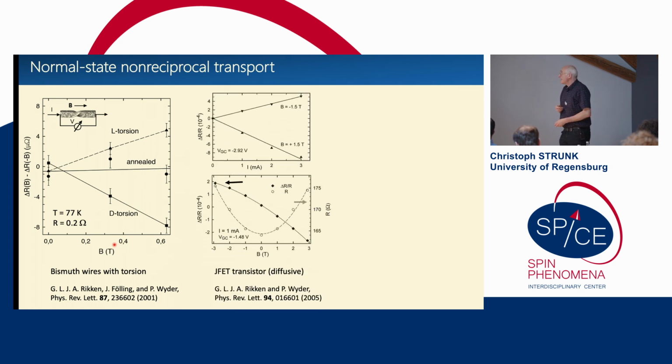A few years later, they found that this can also happen in field effect transistors, so-called JFETs, where they found again here that there is a current-dependent contribution where the sign depends on the sign of the magnetic field.